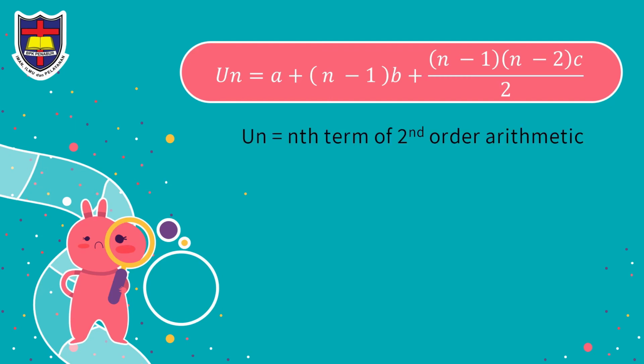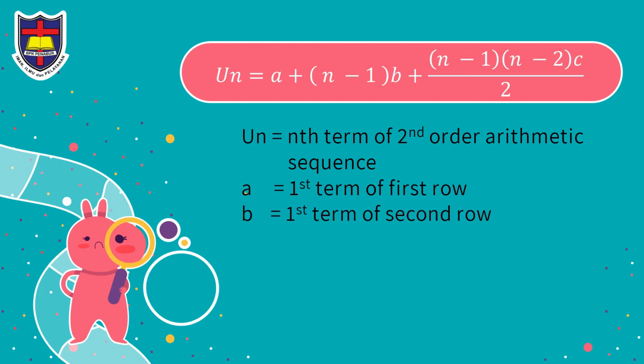Un is the nth term of second order arithmetic sequence. And then a is first term of first row. b is first term of second row. And c is equal to first term of third row. n is term number.